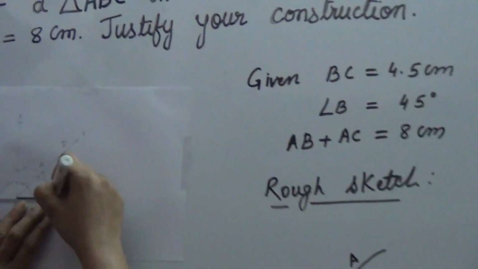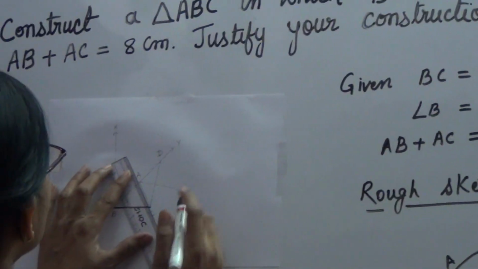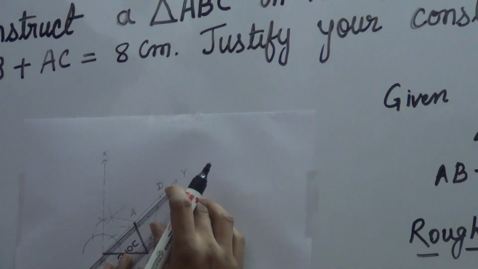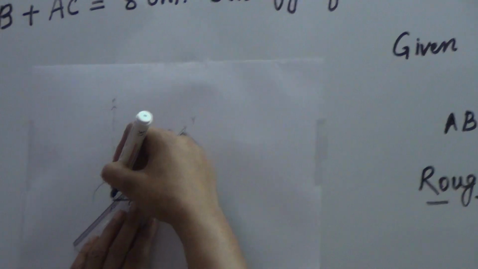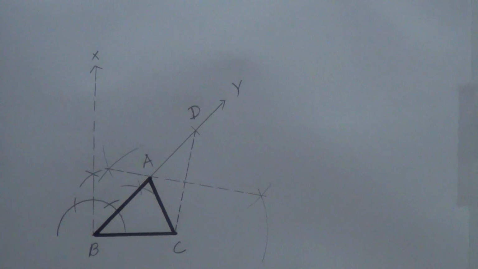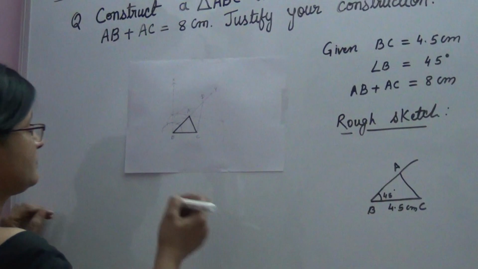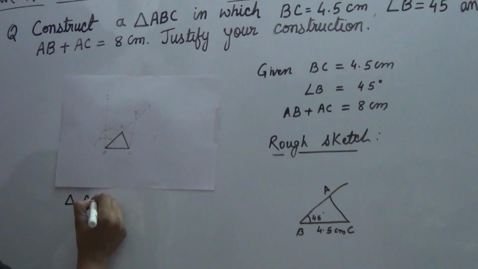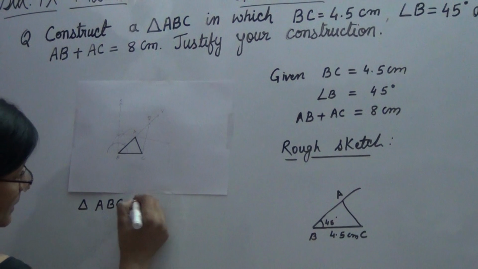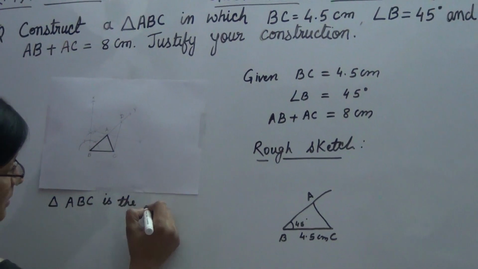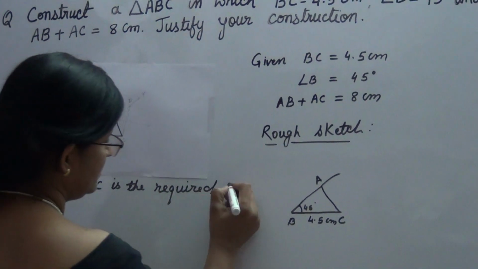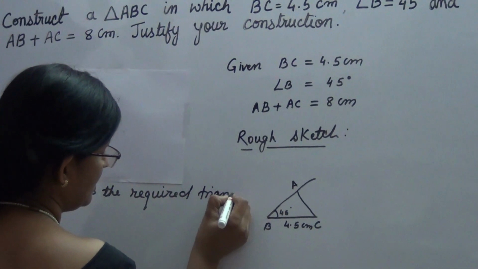but this triangle ABC is the required triangle.